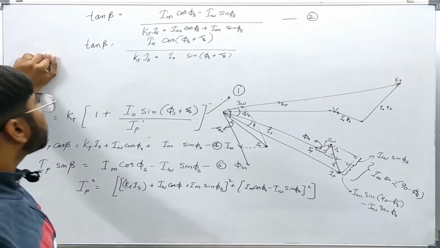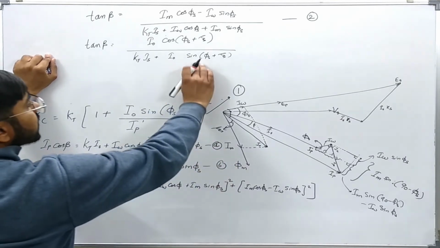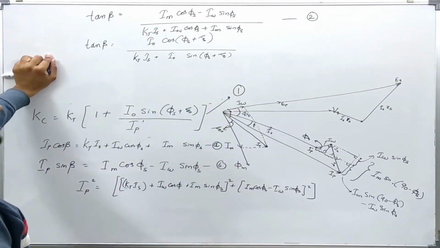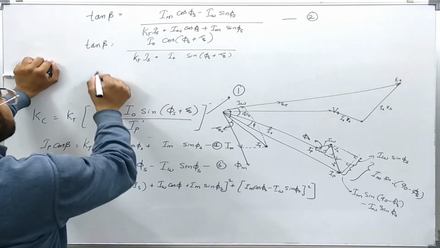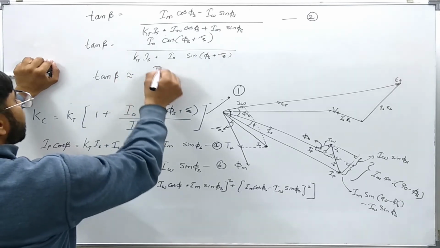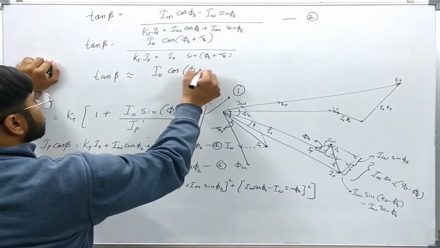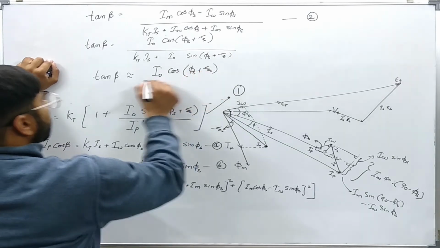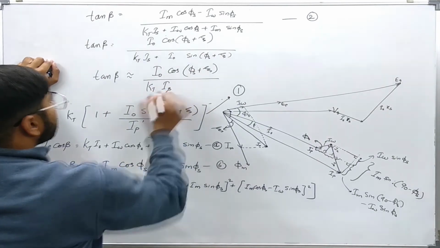Now you can see that this I_0 sin(phi_s plus zeta) is way smaller compared to K_t I_s. So I can write tangent beta as approximately equal to I_0 cos(phi_s plus zeta) over K_t I_s.